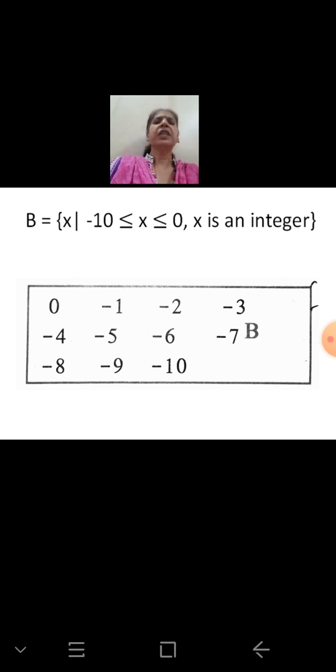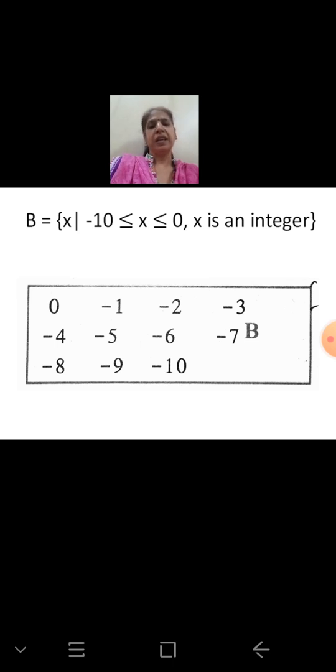Here set B is a set of all x such that x is greater than or equal to -10 and less than or equal to 0, x is an integer. See how it is given, the property is given, that is, it is given in set builder form. And we have to represent it using a Venn diagram. So draw any figure. Here you can see it's in the shape of a rectangle. You can draw any closed figure, write the name of the set inside the figure, then list the items.